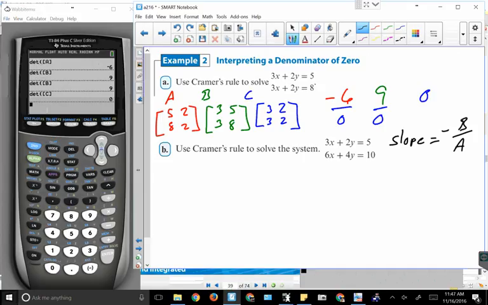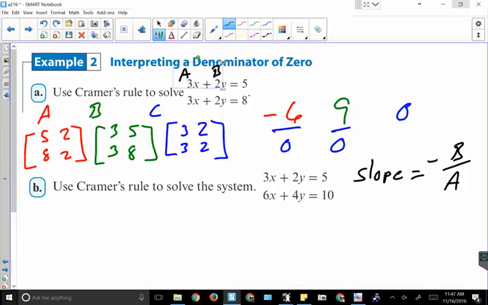Okay? So if this is a and that's b, are these two going to have exactly the same slope? If my a's are both 3 and my b's are both 2, are they going to have the same slope? Yes. When you have something that has the same slope, they're either going to be the same line or they're going to be parallel, correct?